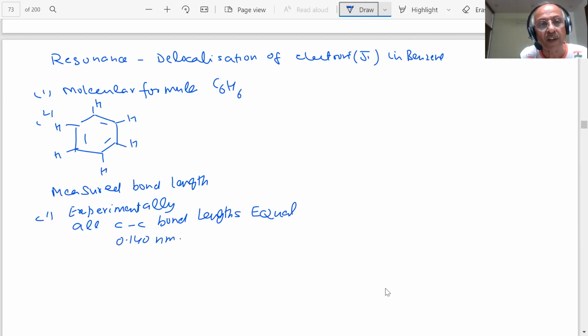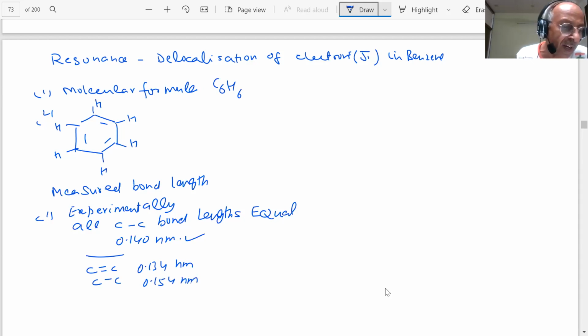The carbon double bond is 0.134 nanometer, and the carbon single bond is 0.154 nanometer. This value is neither of these two, but in between.